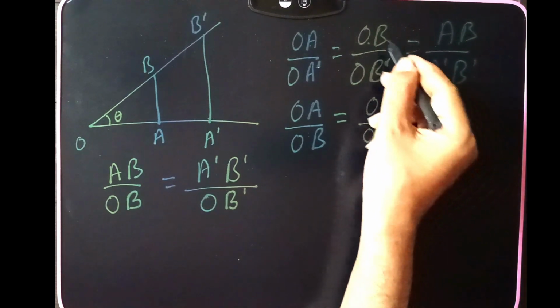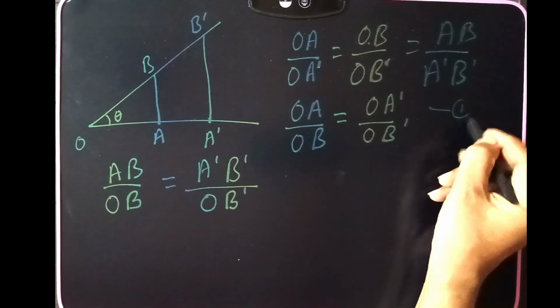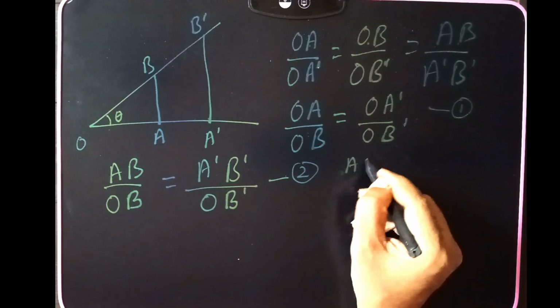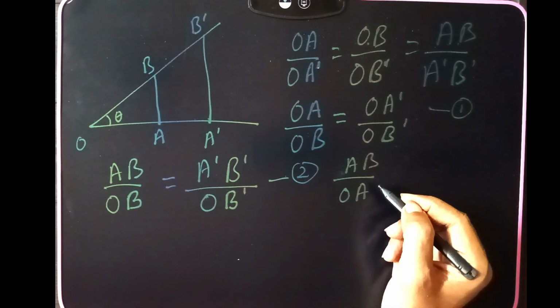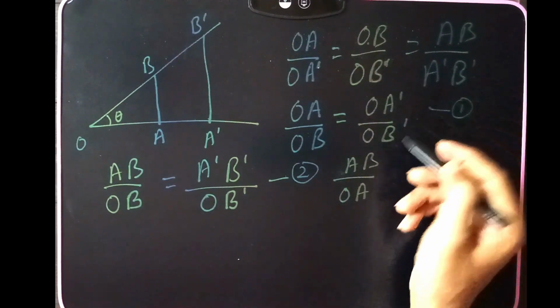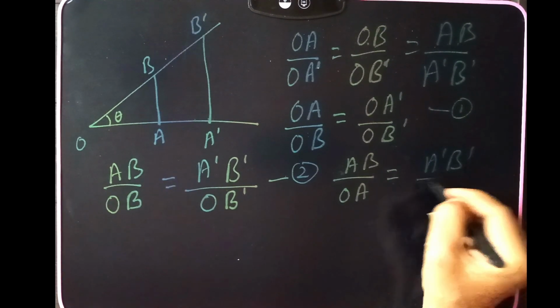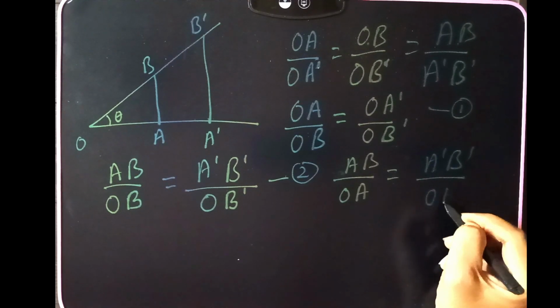This is first, this is second, and then we can also say AB divided by OA is equal to A dash B dash divided by OA dash.